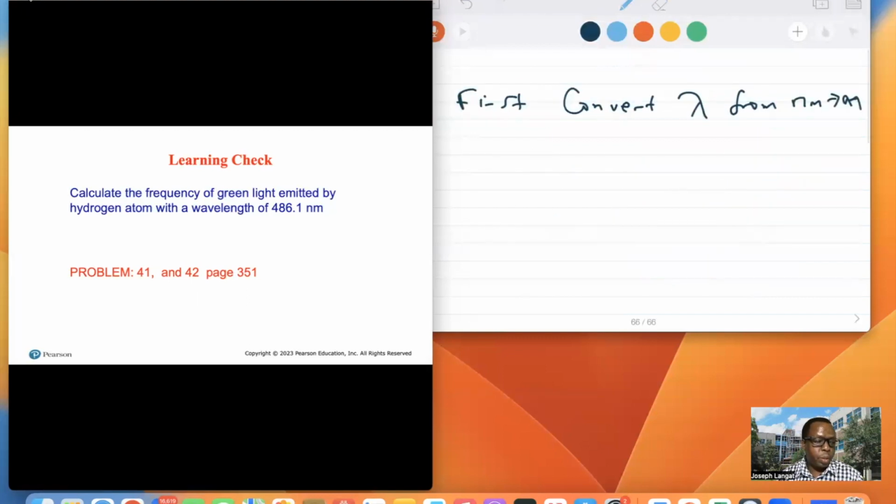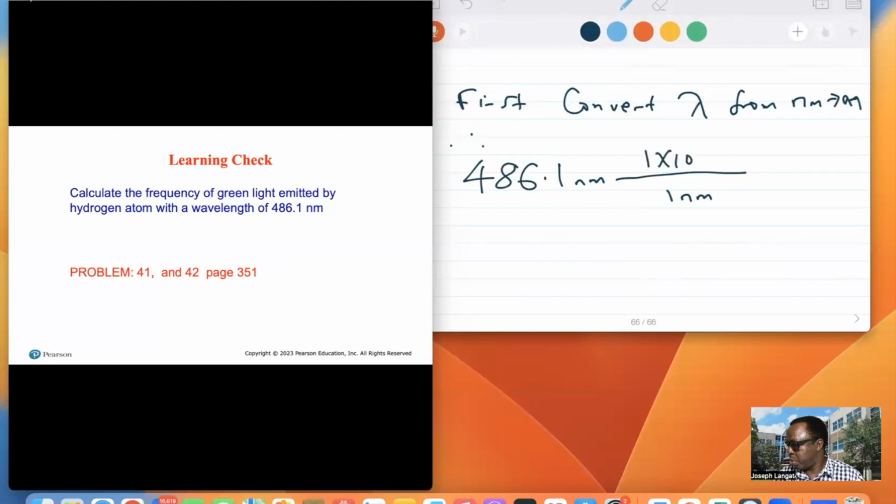Therefore, what we need to do is change 486.1 nanometers. You want to get rid of nanometers, which means 1 nanometer equals 1 times 10 raised to negative 9 meters. How do I get this?